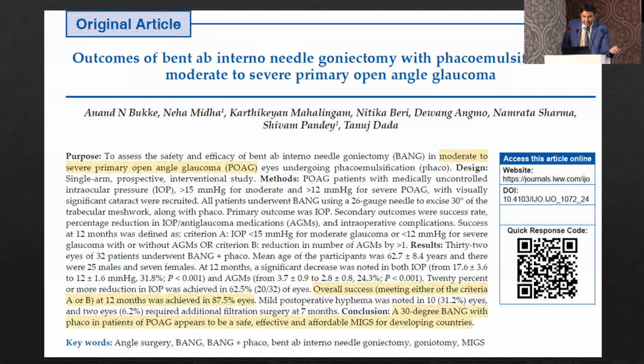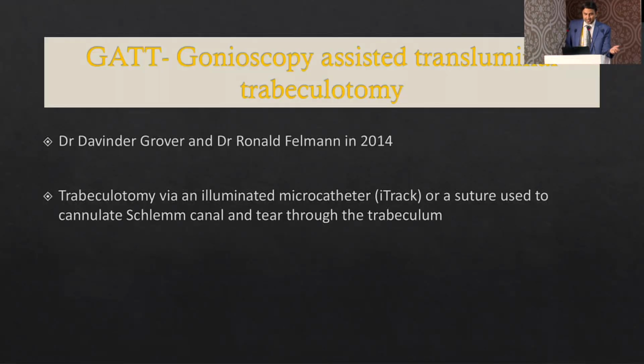There is a lot of data published on BANG. This is a study by Dr. Tanuj Dada, and they demonstrated that at 12 months, 87.5% of cases had surgical success, defined as more than 20% IOP reduction. Another is GATT, that is gonioscopy assisted transluminal trabeculotomy. In this, we treat 360 degrees of the angle.